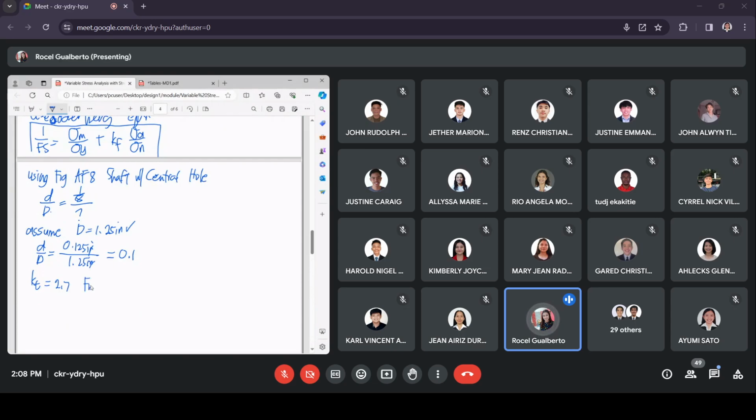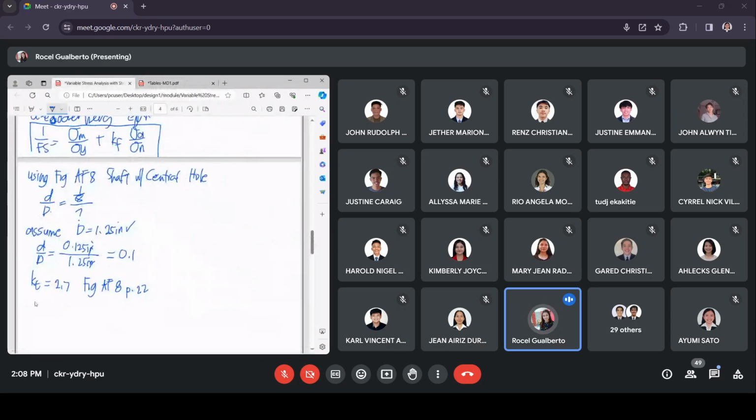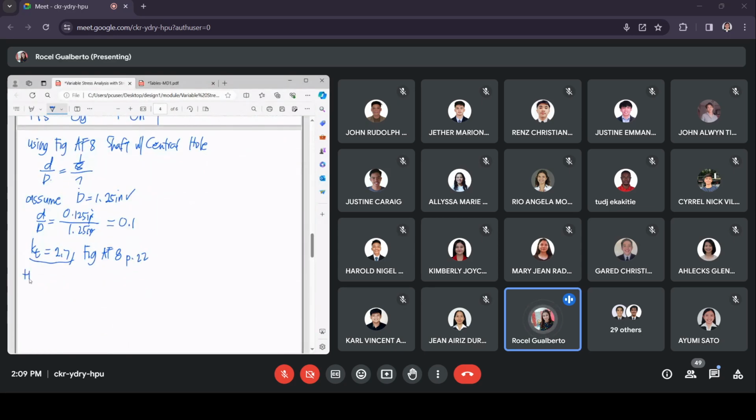Again, this is taken from figure AF8, page 22, I think. Is it page 22 nga ba? Okay, so page 22. So you have here now the value of KT, and dito po, you have your value of q. Thus, you solve now for Kf.